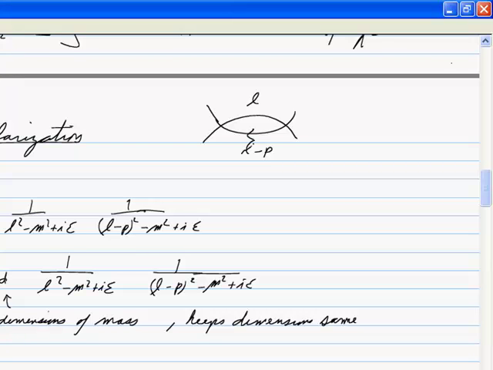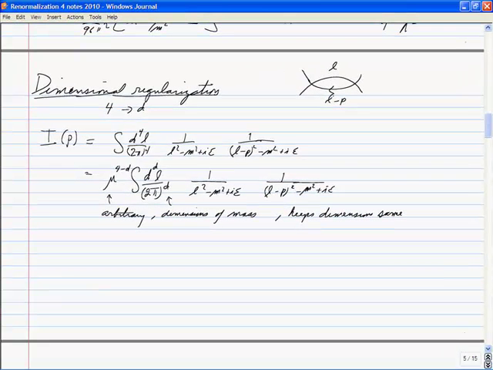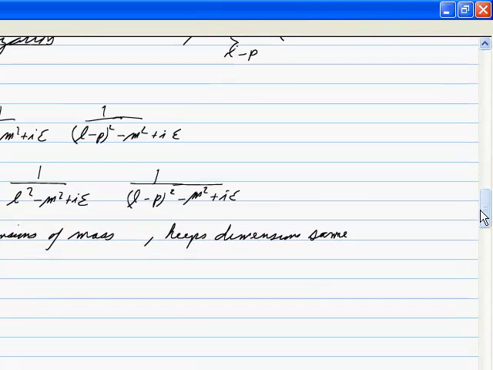There will be various factors of m over μ that are dimensionless numbers. Those actually get exploited in a lot of field theory techniques, the fact that μ follows m or carries this 4 minus d. There's a lot of techniques that have grown up that follow that.